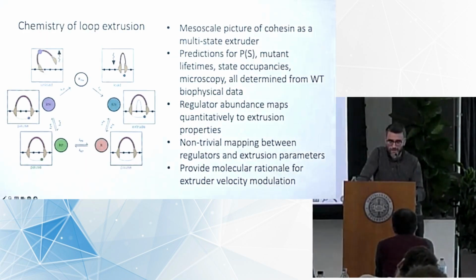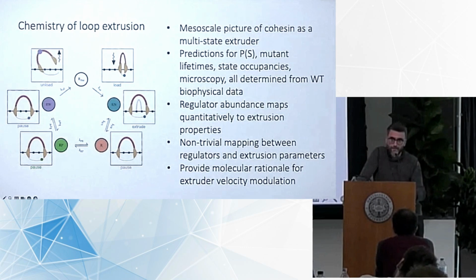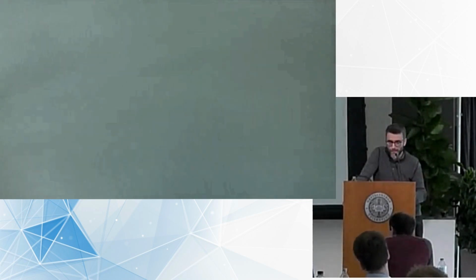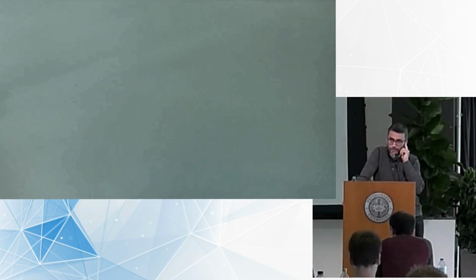I didn't have time to show it here, but we can also do pairwise depletions in the simulations and then compare those results with experiments. And what we see is, at least for WAPL-NIPL co-depletion, we're actually doing remarkably well. So to first order, we would argue that the system is kind of linear, even when you're depleting with these auxin-inducible degrons down to 99%. From a modeling perspective, that's an interesting aspect of the system.